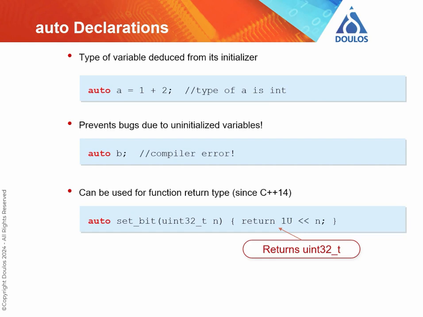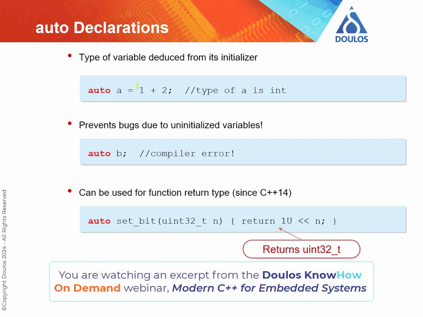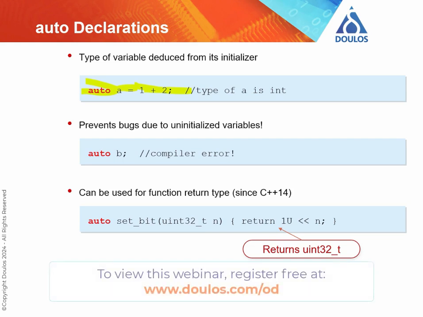So if we've got an expression that's used to initialize a variable, then the compiler knows what type that expression returns, so we can use the auto keyword to ensure that the type of a in this case is the correct type to match the expression. So that's good from an efficiency point of view. It makes the code easier to write and maintain.